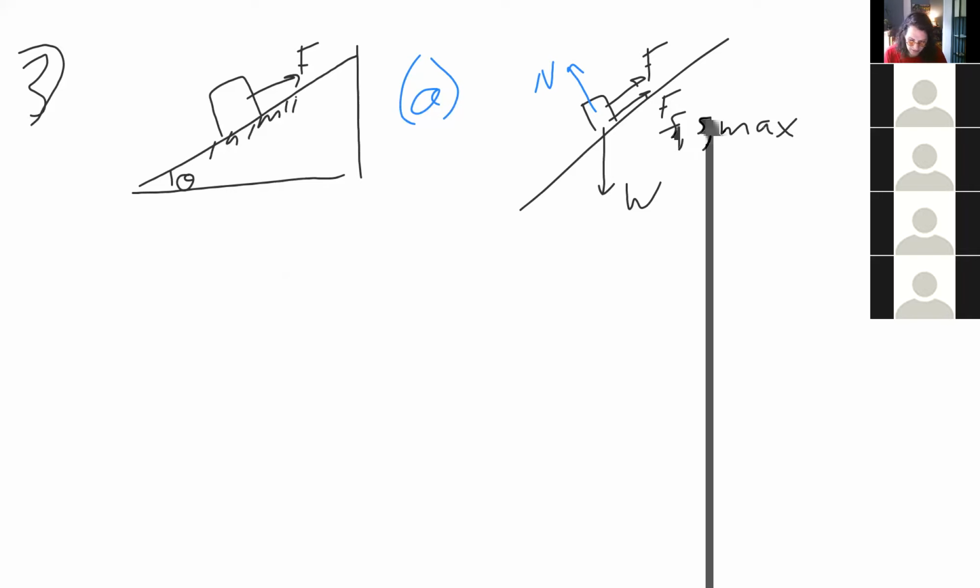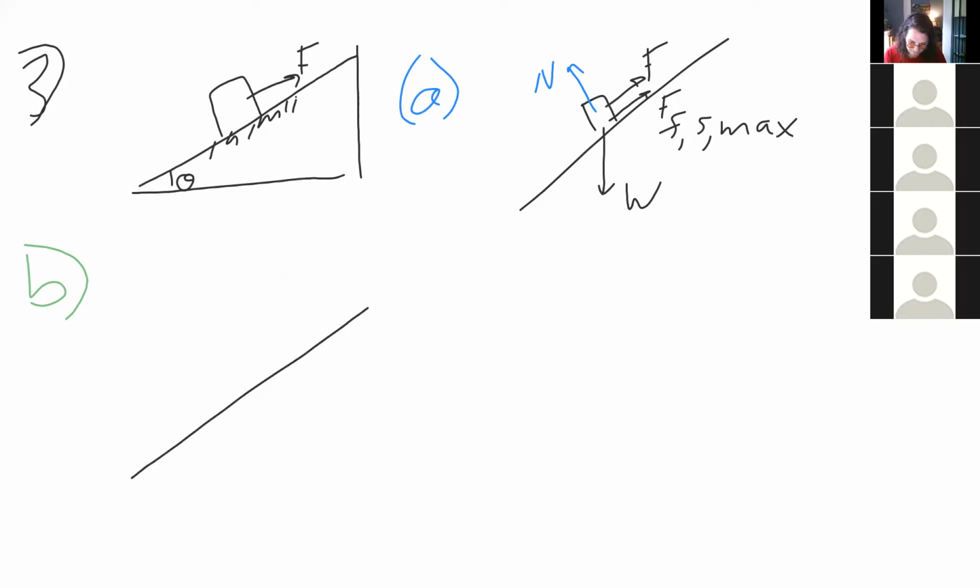Okay, let's take a look at part B. Again, we have our applied force up the ramp. In part B, they ask what the minimum magnitude of the force is that will start the sled moving up the plane.